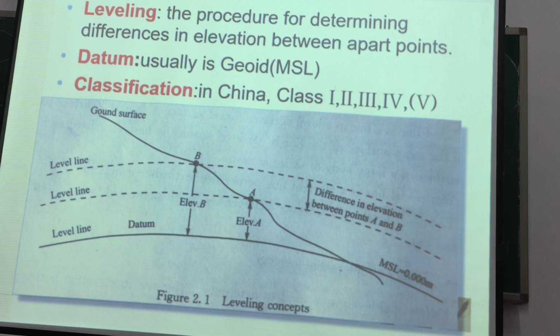For these several provinces, we use Shanghai, because the Changjiang Yangtze River enters the ocean just here, and use this as the zero.